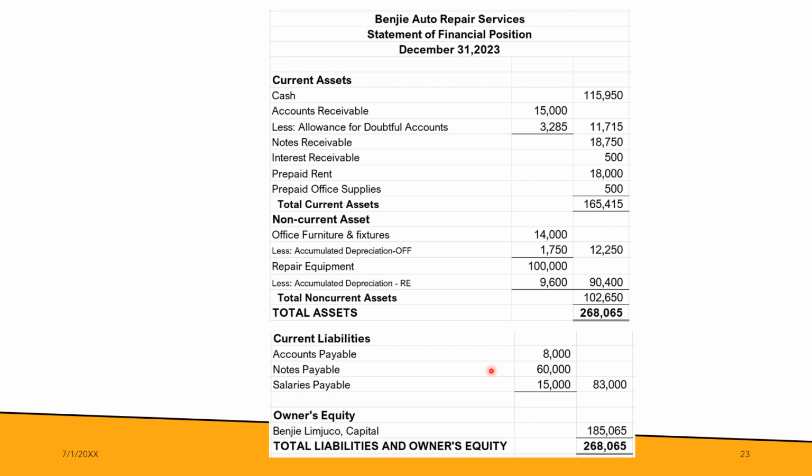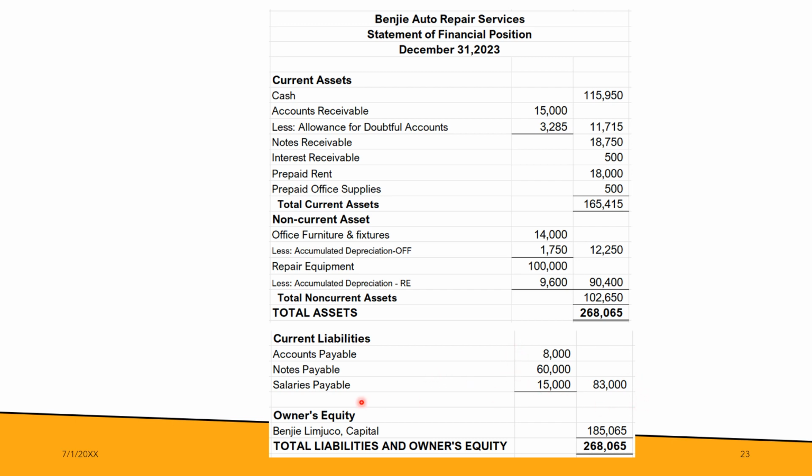However, if your notes payable will be settled beyond 1 year, then the classification will be non-current liabilities. But at this point, since this notes payable will be settled within 1 year, we included it as part of current liabilities. So the total of these three is 83,000.